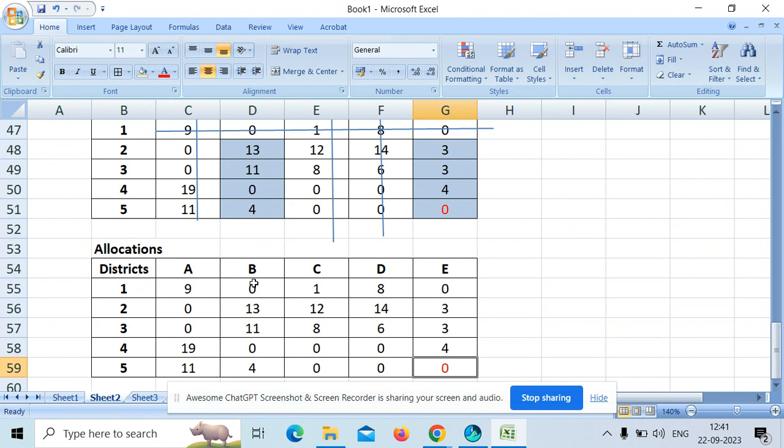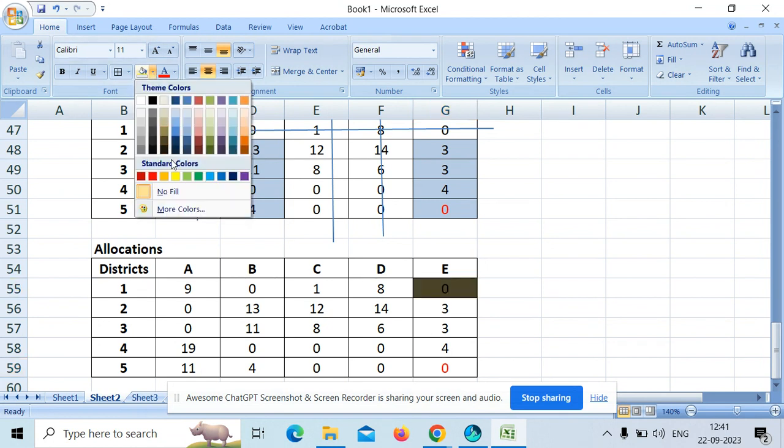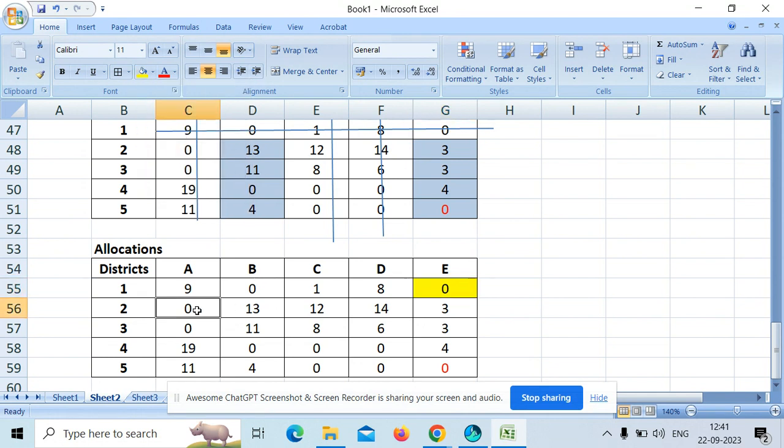Then for salesman C, district four, then salesman D, district five.